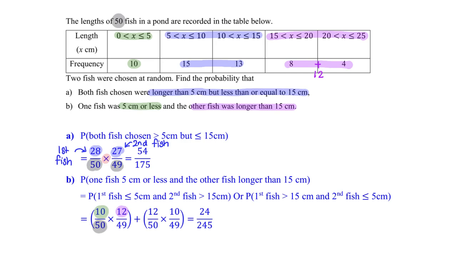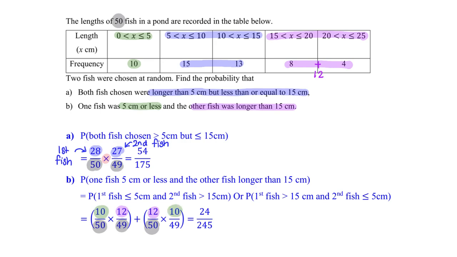The total number now changed to 49 because I have chosen out one fish. I'm left with 49. Okay, I also find the probability that the first fish I chose is 12 over 50.